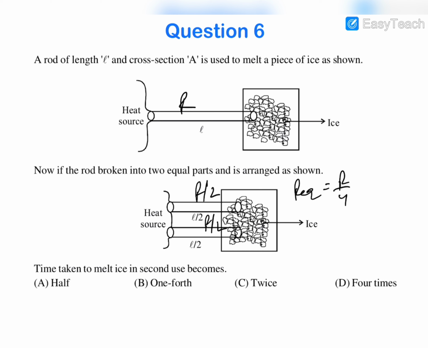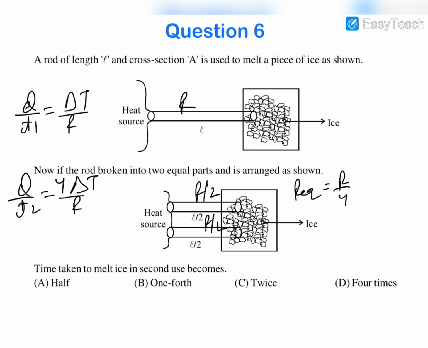And now the same heat source is used to melt the same amount of ice. So the time taken we have to calculate. So we know that Q by T1 is equal to delta T by R1, which is R in the first case, and Q by T2 will be equal to delta T by R by 4.